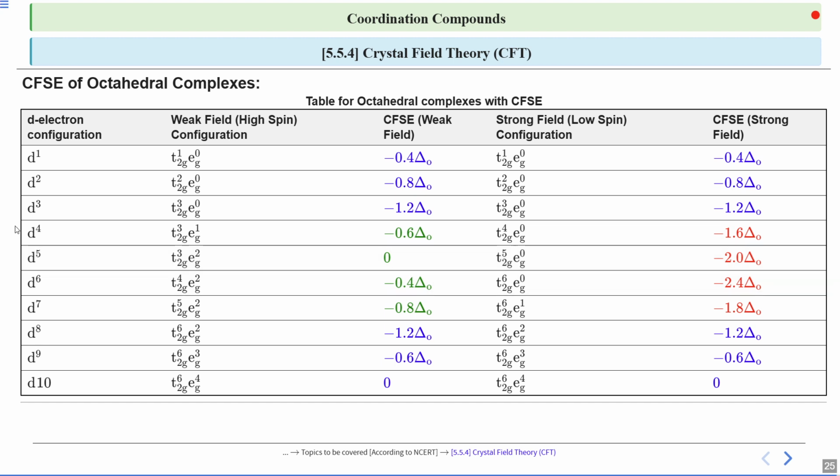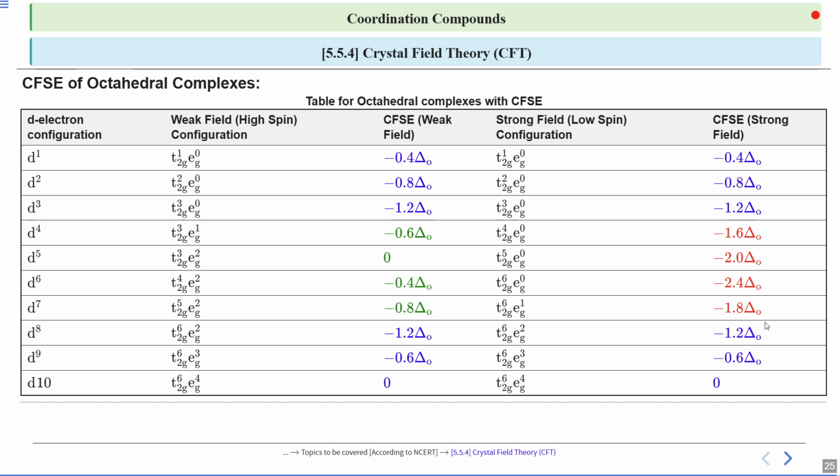Similarly, the change you can observe in the d4, d6 and d7 configurations in the weak and the strong field, right? From weak field minus 0.6 delta naught to strong field minus 1.6 delta naught. Similarly, 0 to minus 2.0 delta naught, minus 0.4 delta naught to minus 2.4 delta naught. Similarly, minus 0.8 delta naught to minus 1.8 delta naught.